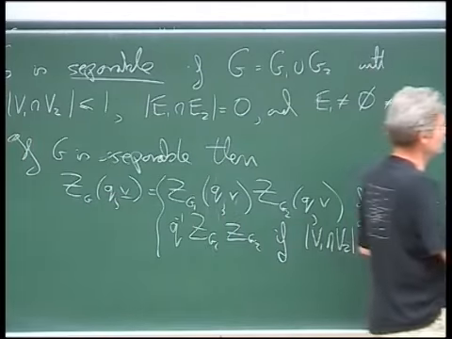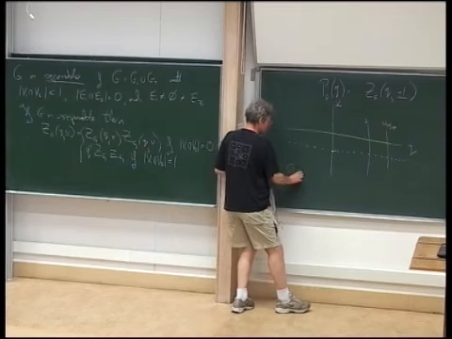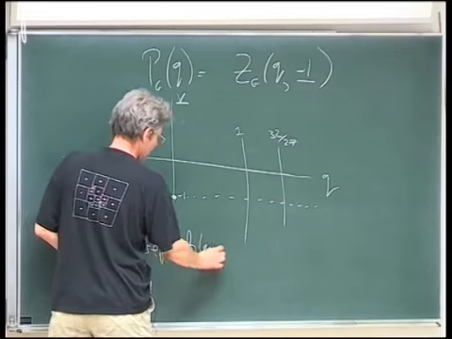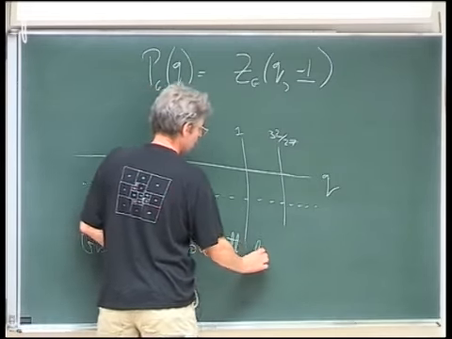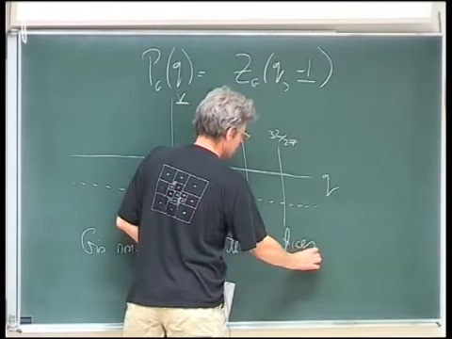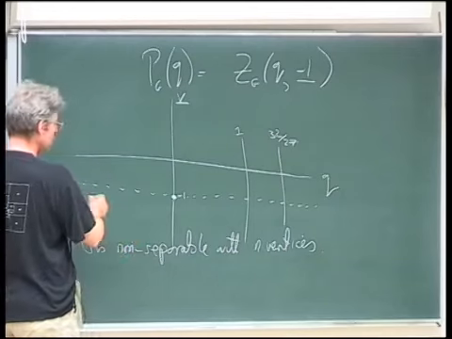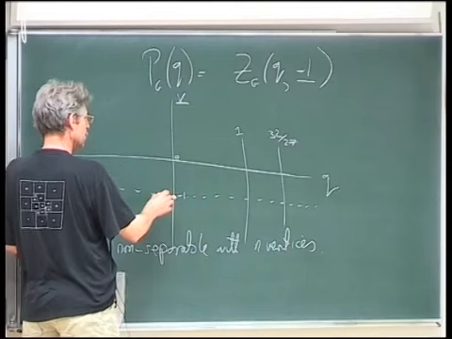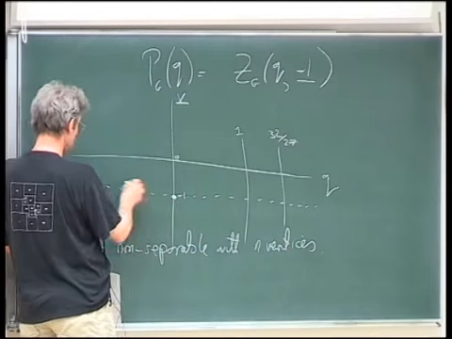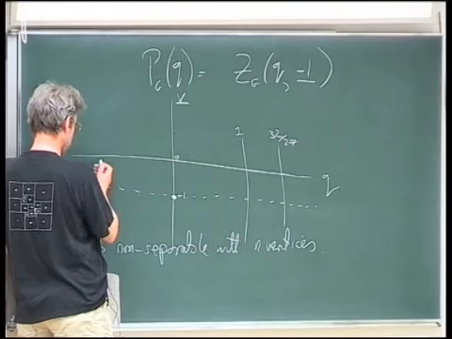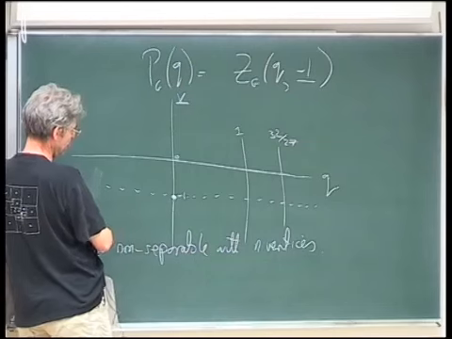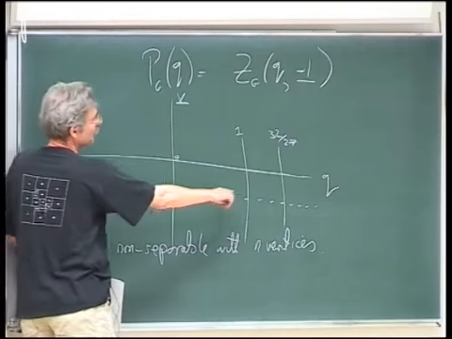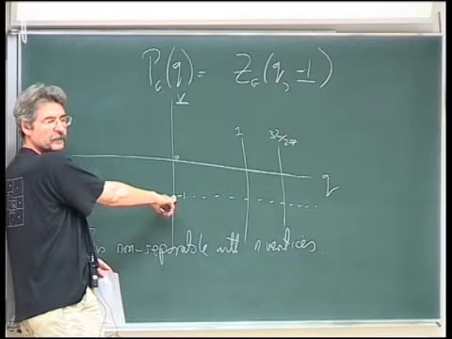So let's assume that J is non-separable with n vertices. Then this is a zero, I guess. So here we know that, well, let's write it as Z. So I'm really talking about the chromatic polynomial P_G along the line where v is minus 1 everywhere.